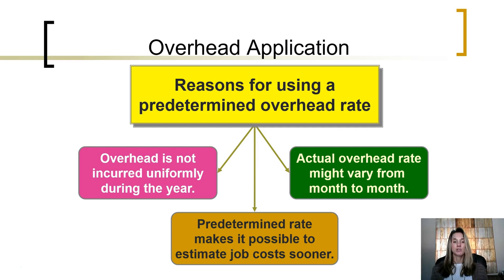The estimate was used because we do not know exactly how much overhead we are going to be incurring. Overhead is not incurred evenly or uniformly during the year, and it might vary from month to month. For those reasons, using that predetermined overhead rate and applying an estimate makes it possible for us to estimate job costs sooner.